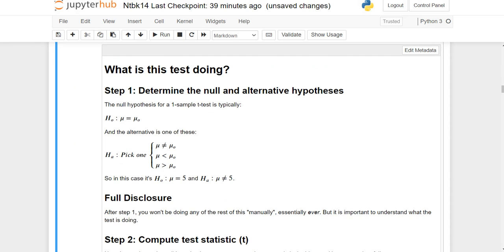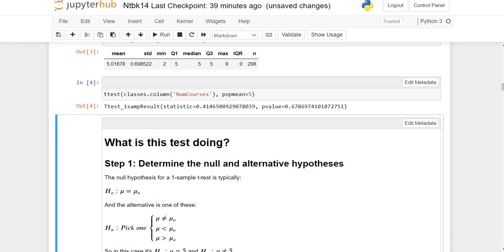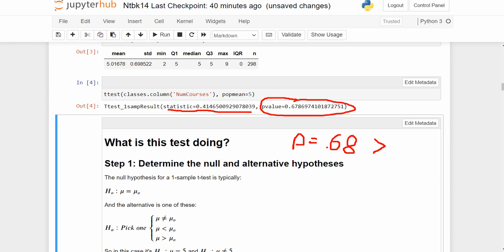And it does. Sorry, skipped a little forward, but notice that we have test statistics. So this is the t statistic value of 0.41465. Okay, and here's the p-value. But notice the p-value is 0.68. So p equals 0.68. I know that's rounded and it's got a lot more decimal places, but that's enough to show that that is greater than 0.05.